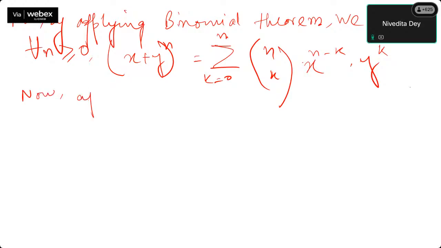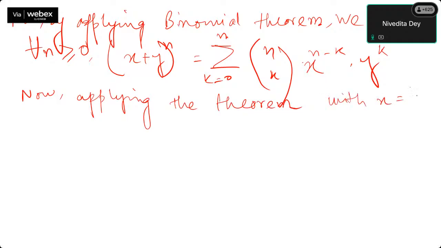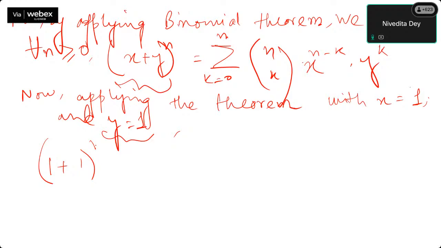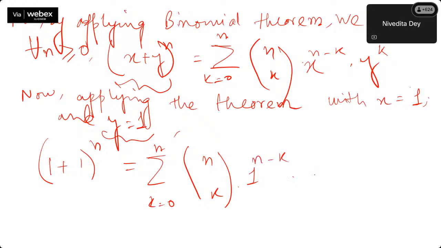Now applying this theorem with x equals 1 and y also equals 1, we get 1 plus 1 to the power n, equal to the sum of nCk.